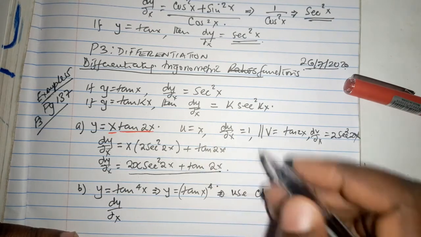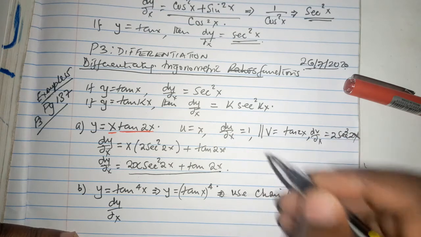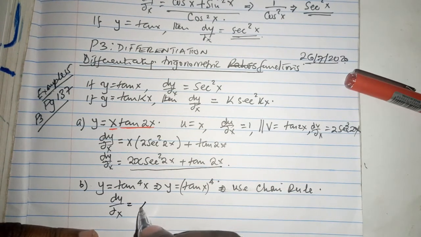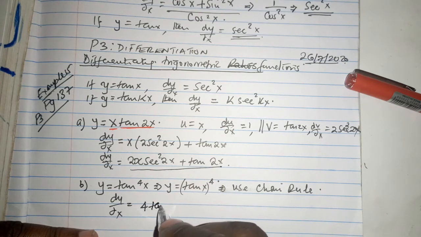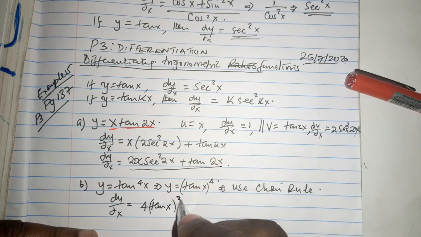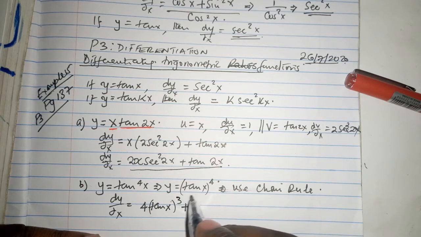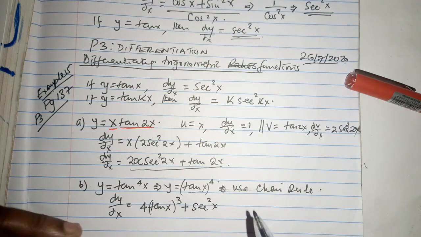In the first one, we used the product rule and we explained that. Here we are going to use chain rule. The dy dx is 4, differentiate the whole term, 4 tangent of x raised to power 3, of course, plus the differential of the inner part, the function of x itself, which is obviously the sec squared of x, because here we are having tan x.